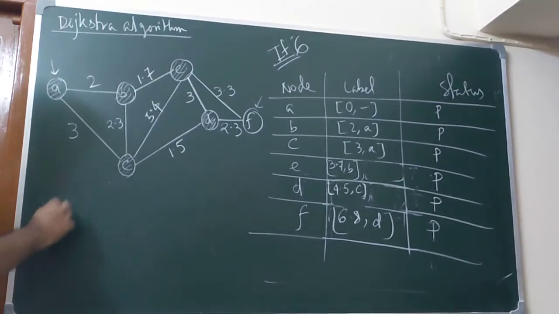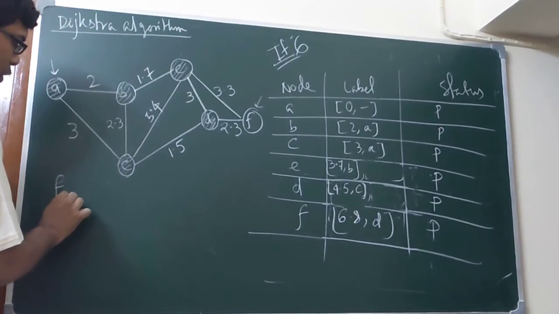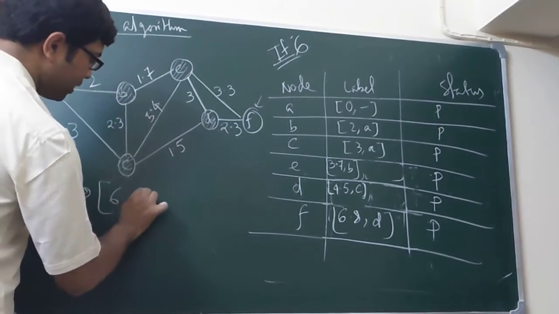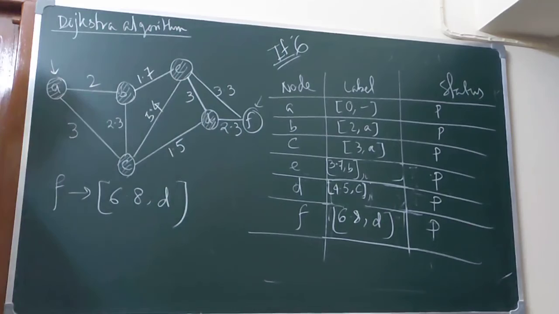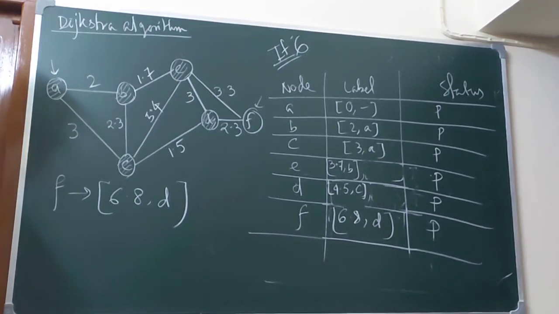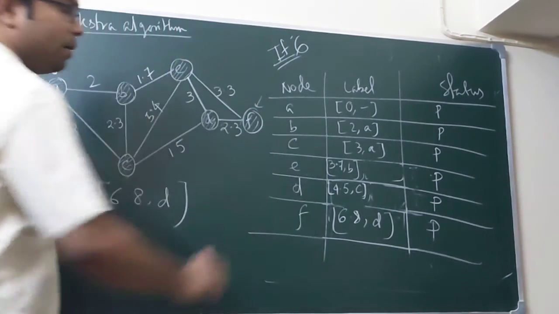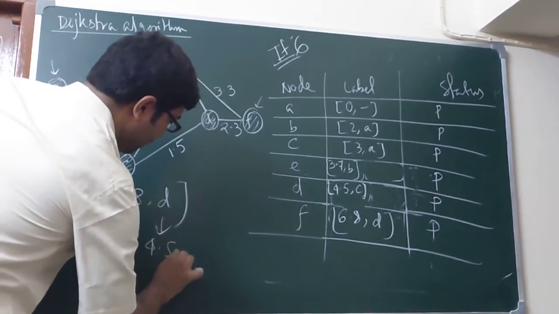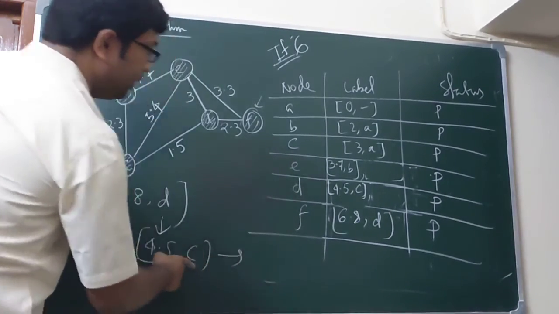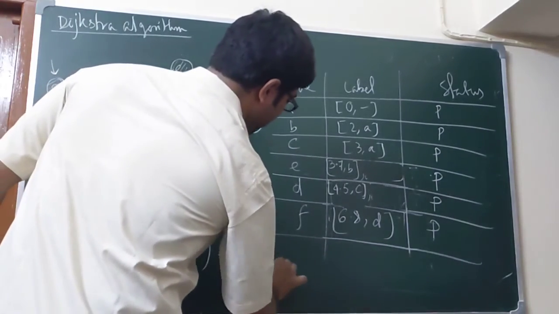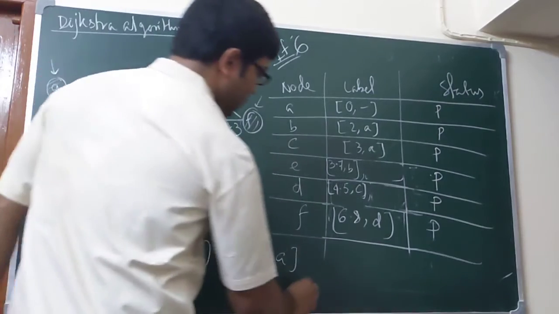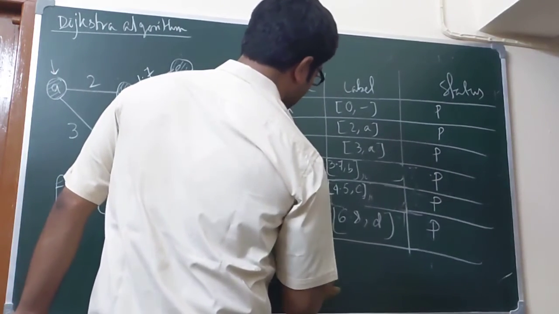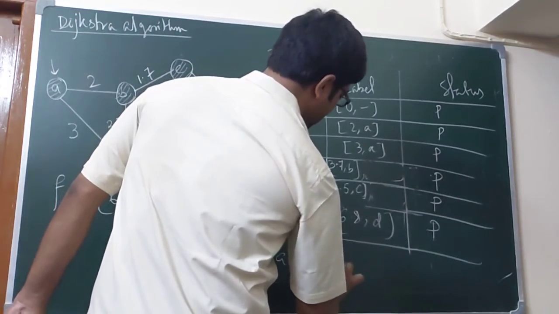As this is the last node, its status becomes permanent. So F node label is 6.8 and the immediate predecessor is D. D can be traced from 4.5, C. C can be traced from 3, A, and A is 0.